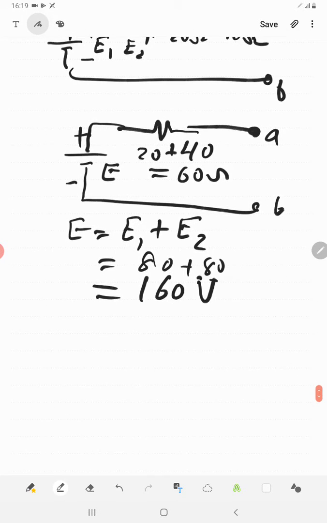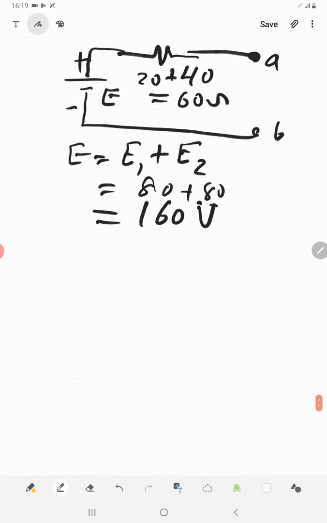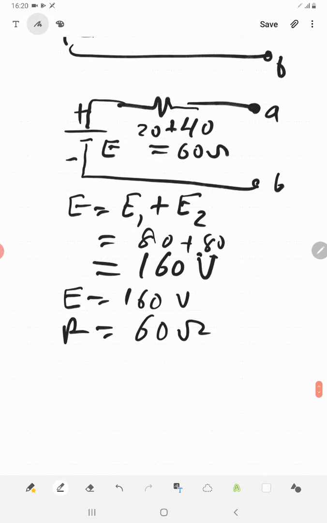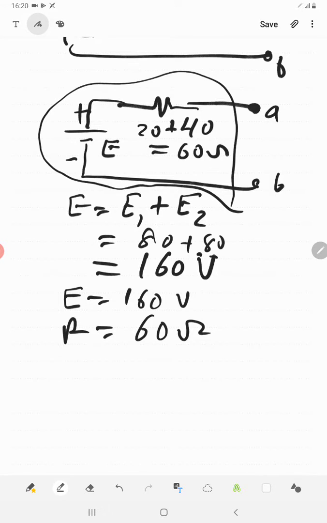Okay? So we know E equals 160 volts and R equals 60 ohms. Now we can convert this circuit back to a current source.